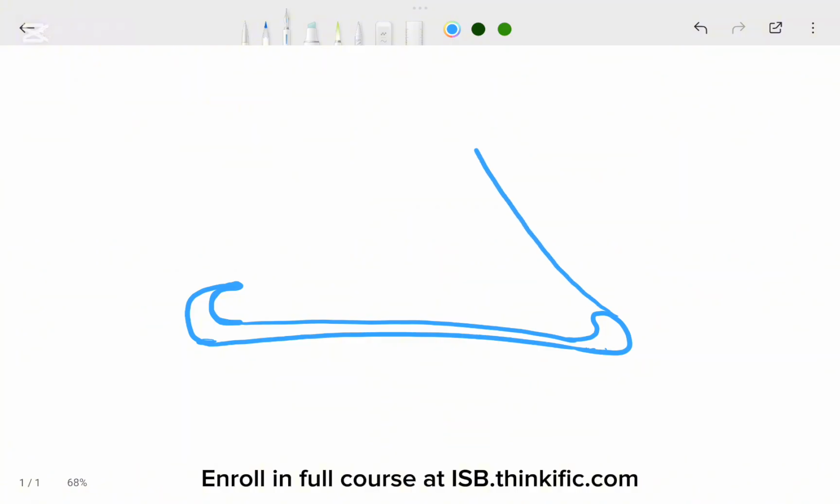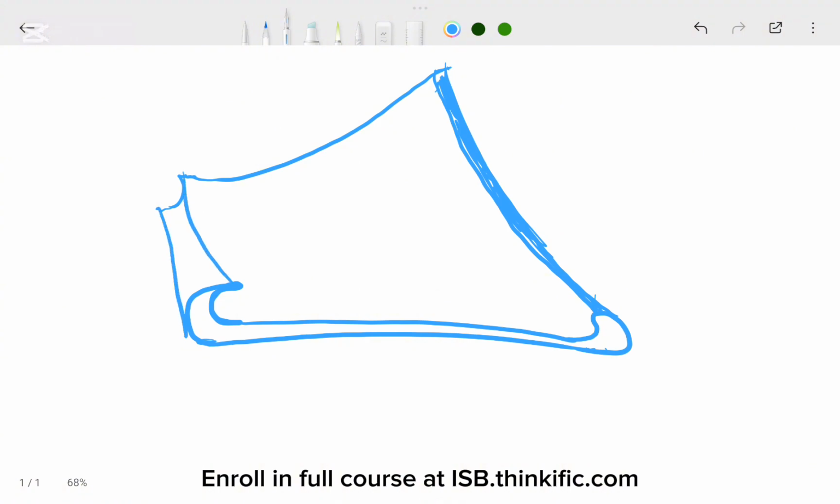All right. This is the side view of the perineal membrane. You get me? It's a side view.